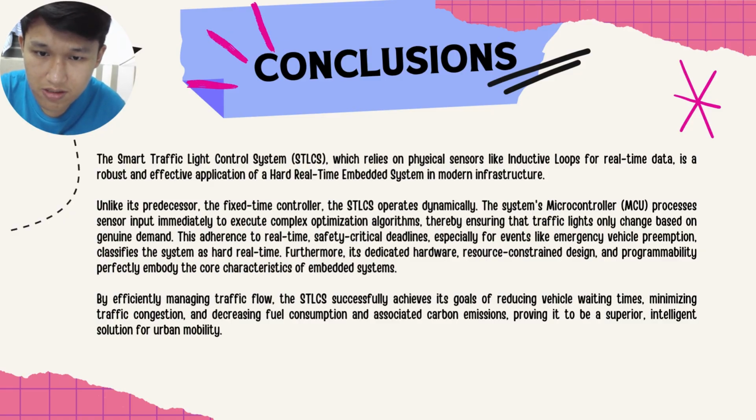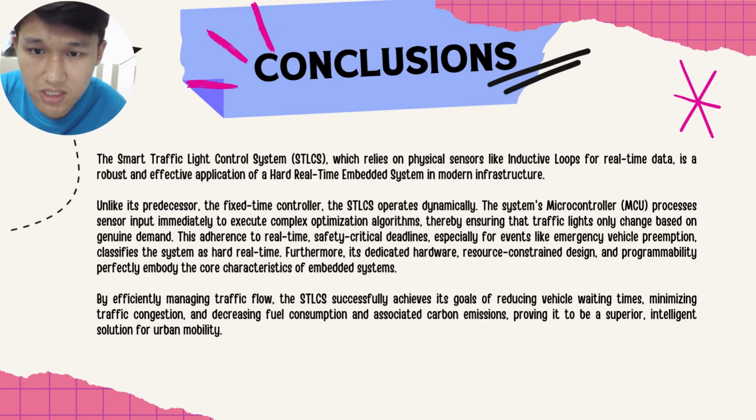This adherence to real-time safety critical deadlines, especially for events like emergency vehicle preemption, classifies the system as hard real-time. Furthermore, its dedicated hardware, resource constraints, and programmability are perfect examples of the core characteristics of an embedded system.